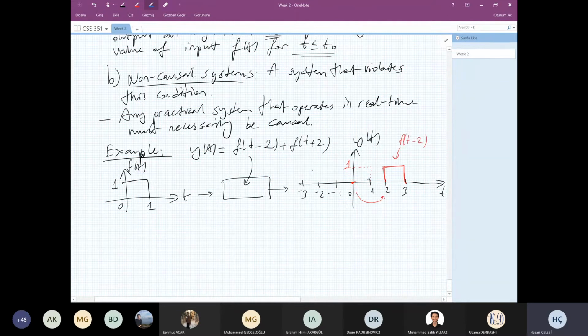But the system also shifts to the left and adds them up. So now it shifts to the left by 2, which is going to be something like this, by minus 2, okay? This is how the system modifies your input signal and comes up with the output.